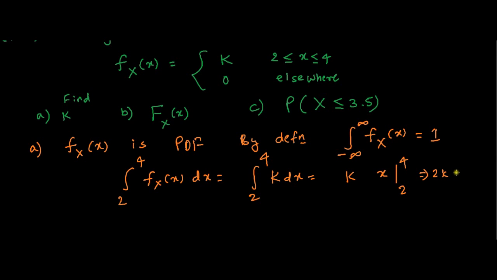This should be equal to 1 because the area under the PDF is equal to 1. So our k value is 1 by 2. So we have found what k is. Now next we need to find the cumulative distribution function capital F of x. So let's do that now.